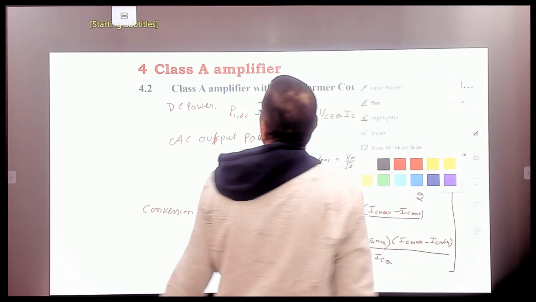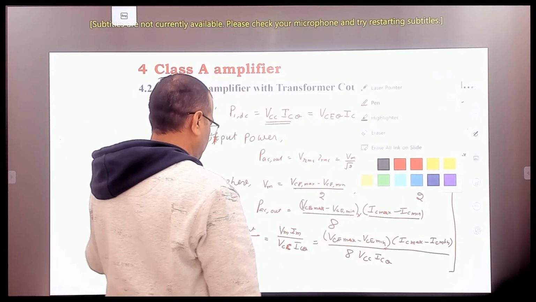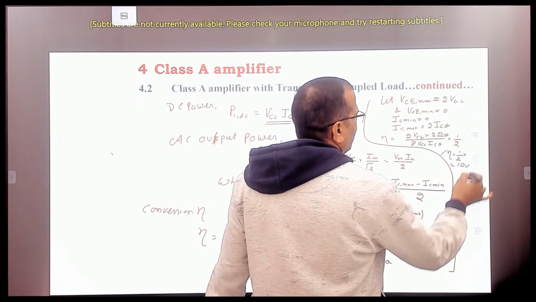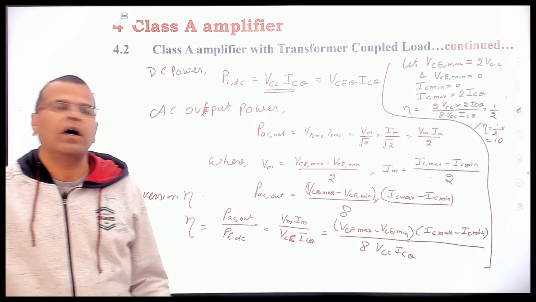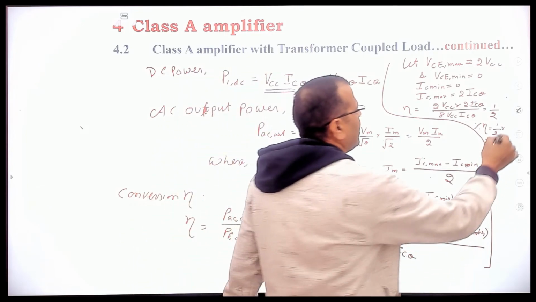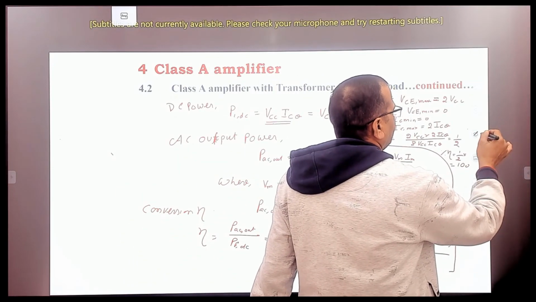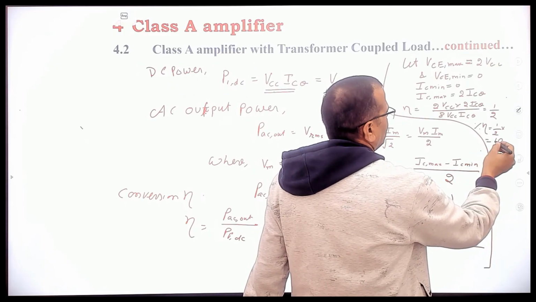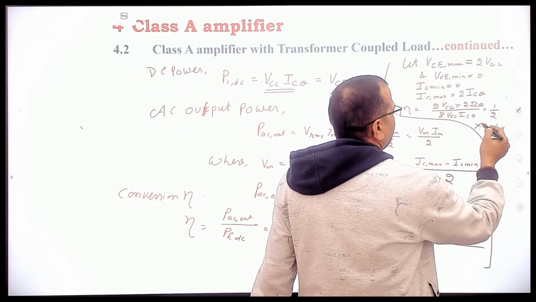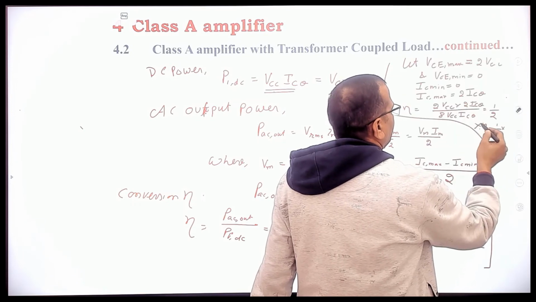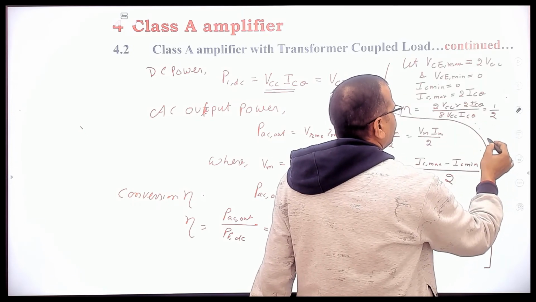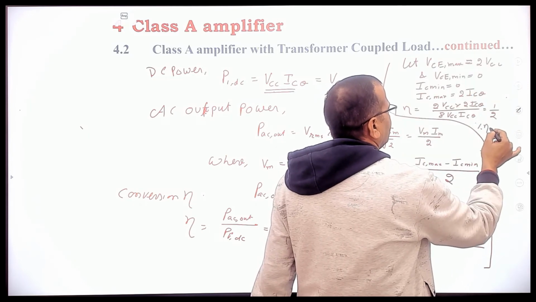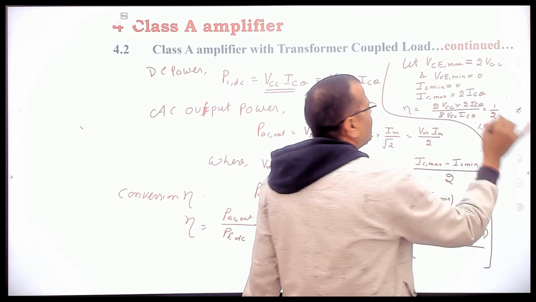So how much will this be? This will be equal to 100. So efficiency becomes this multiplied by 100, right? So here, please see carefully, the percentage efficiency becomes 50%.